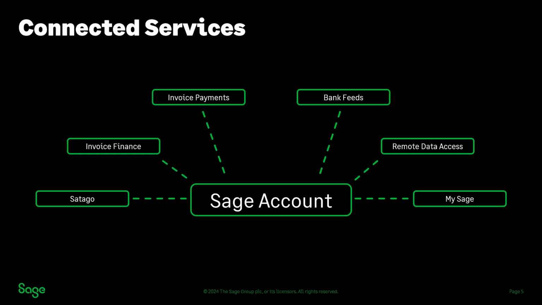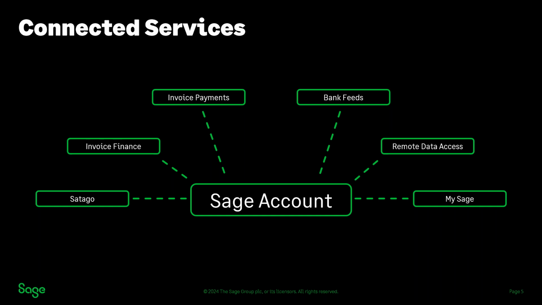Before we move into all about remote data access, I just want to cover what comes prior to the setup process. It's things you have to consider about setting up a Sage account and connecting a Sage account to your connected services. To use any of the apps and add-ons in the software, you must have a Sage account linked to your company.